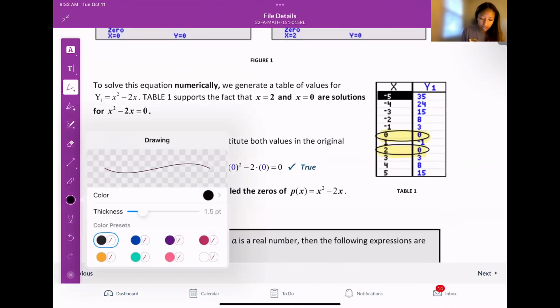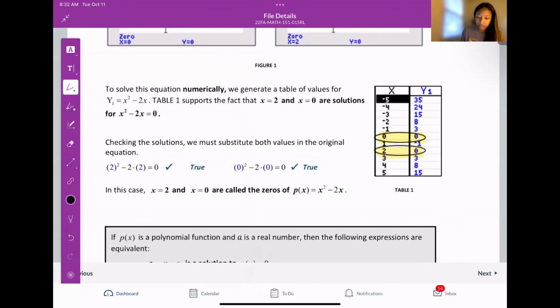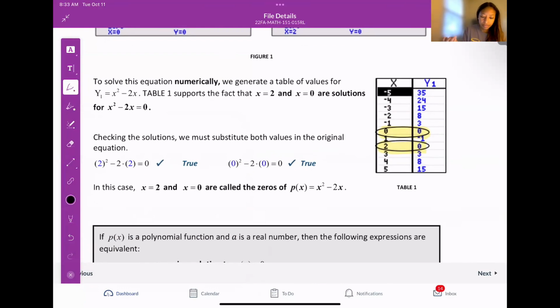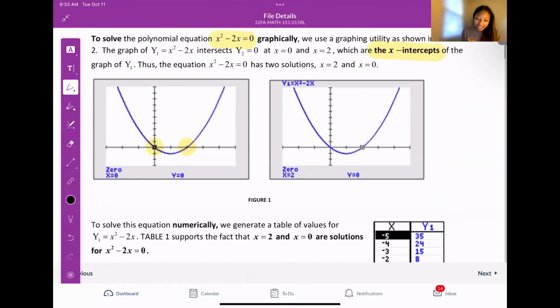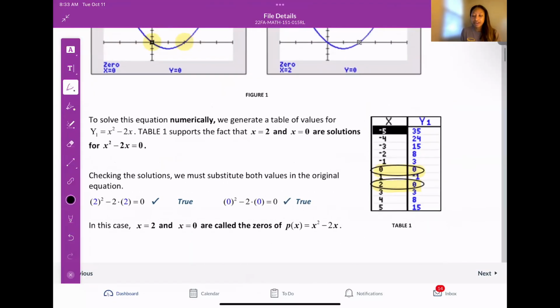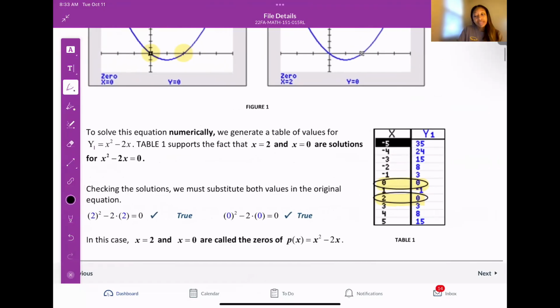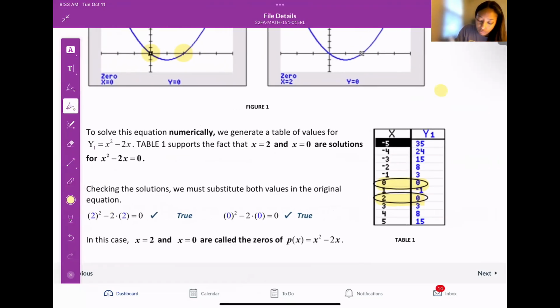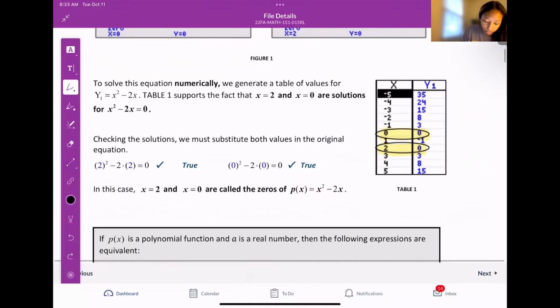Before we go on, I just want to talk really quickly about how we can solve this algebraically. Even though we see the answer is x equals 0 and x equals 2, we solved it graphically, we solved it numerically. Let's solve it algebraically. It's actually not that bad. So we started off with, where do I have room? We'll do it down here.